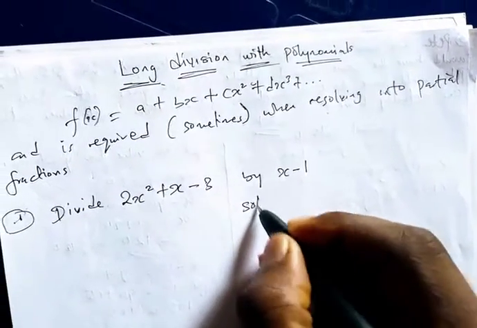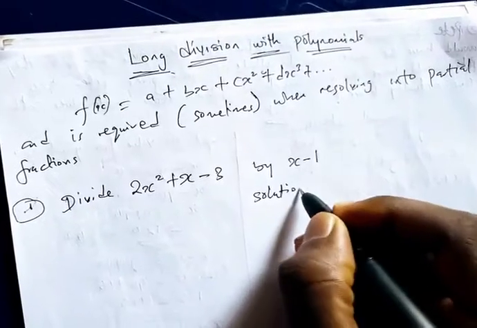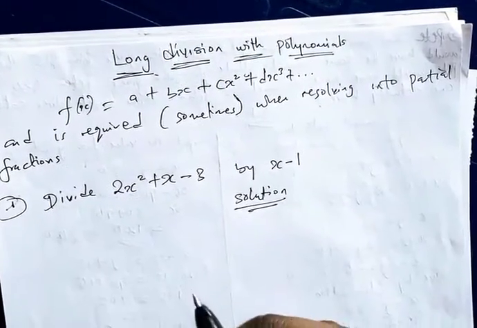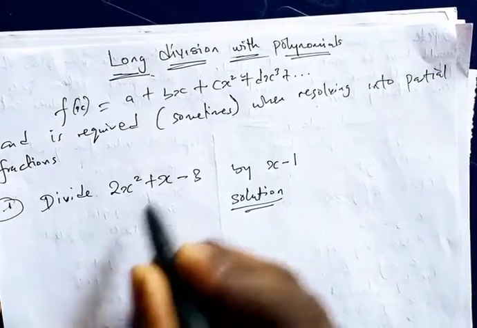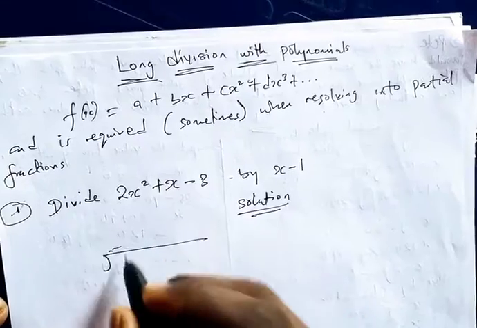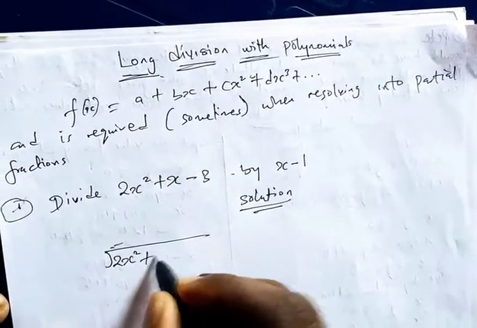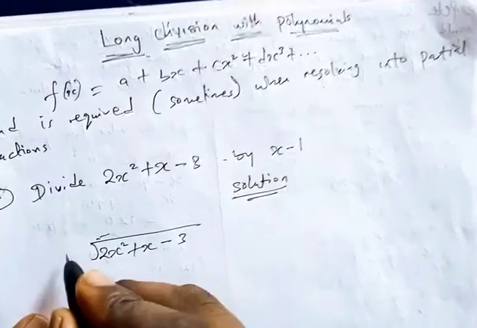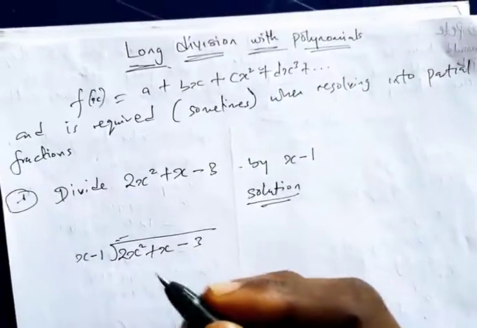So just as we've learned in our long division with numbers, we put this in the same form: the dividend, which is 2x squared plus x minus 3, and our divisor will be here.